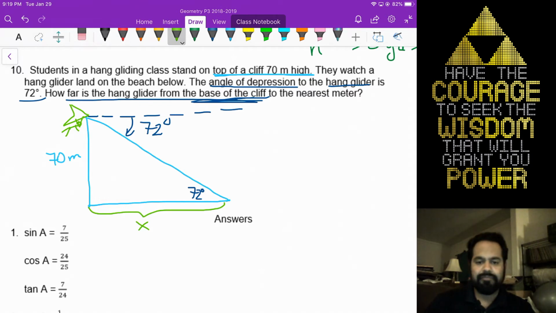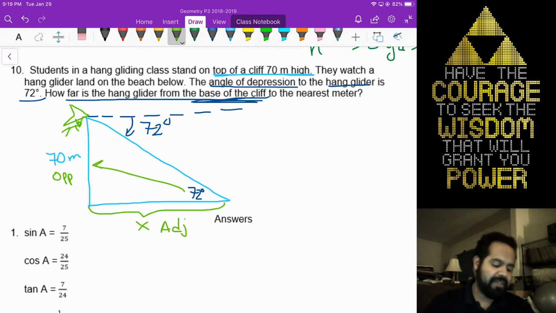There we go. Something like that. I'm no artist, but let's do some trig. We've got our 72 degrees pointing to 70, so this is the opposite. X is the adjacent, so we're gonna do tangent again.